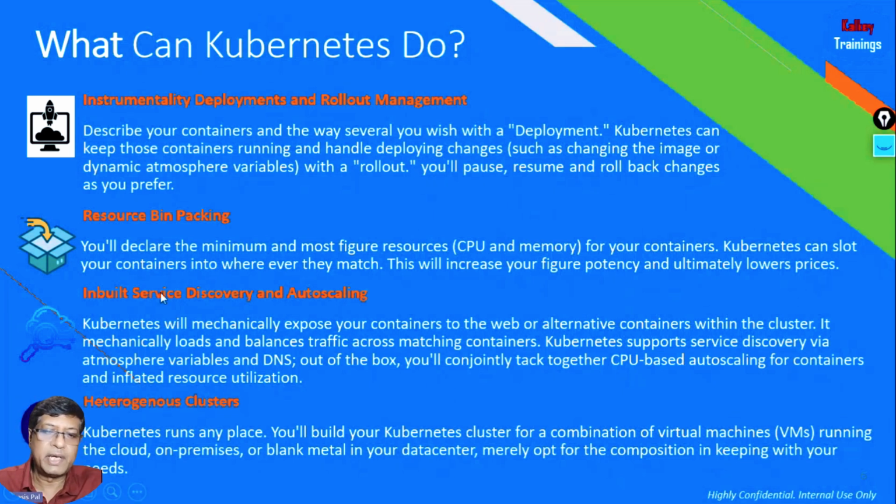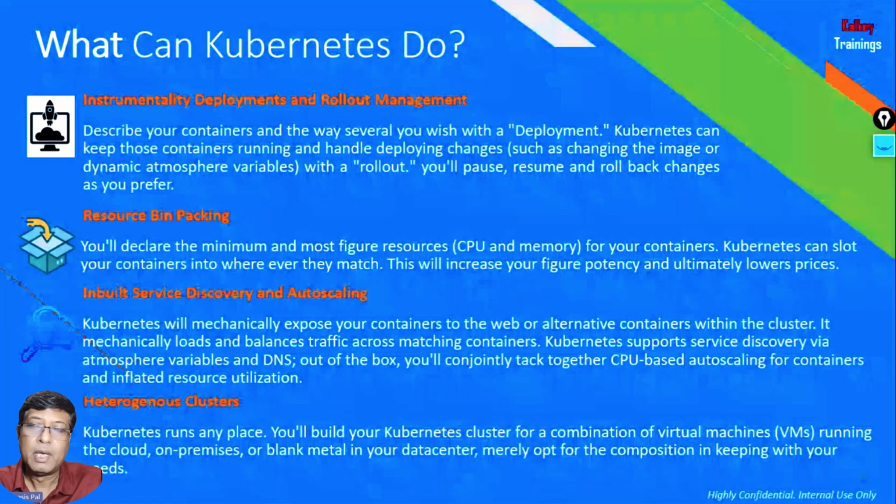Inbuilt service discovery and auto scaling. As you know, discovering a microservice among the thousands and thousands of microservices running in a system is one of the most difficult hurdles or challenges. From outside, you are trying to get access to a particular piece of an application, and that might be very difficult when there are so many pieces of applications and microservices running around.